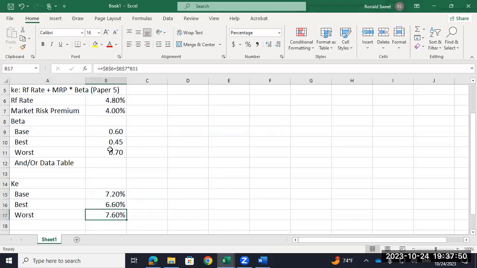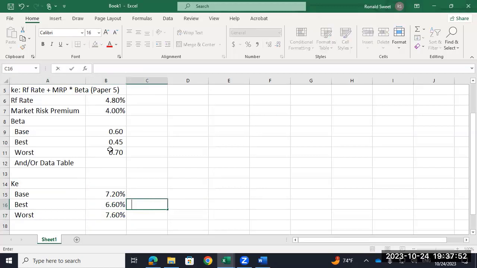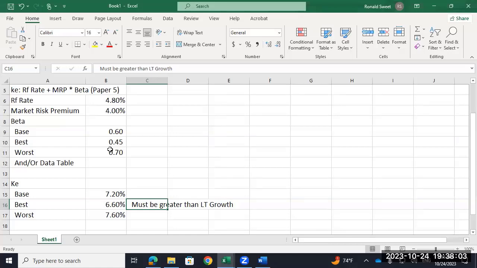The other thing, remember, is that the discount rate must be greater than long-term growth. Don't forget that your best case must be greater than your long-term growth. You will see in the table, it's possible that you will get a few scenarios where the discount rate goes below your growth rate, and we'll just black those out. We won't even show them.